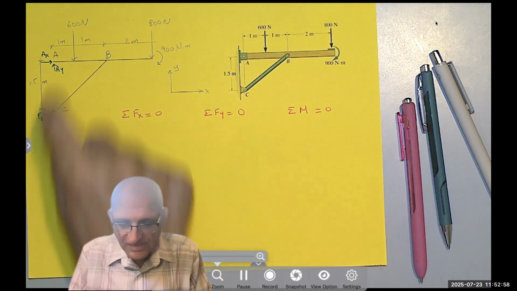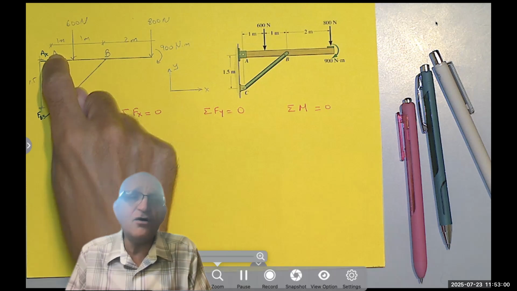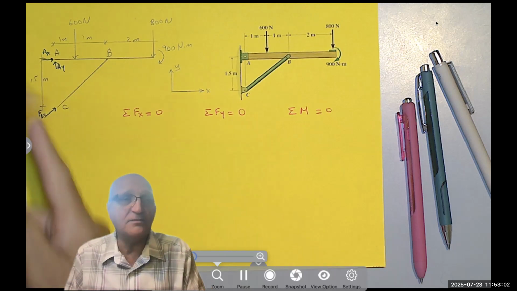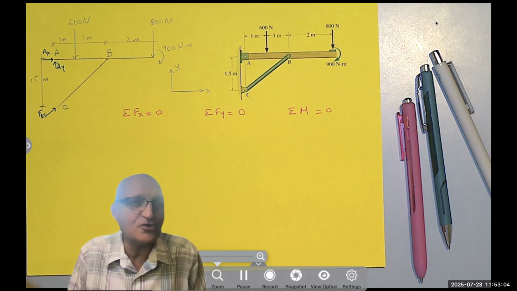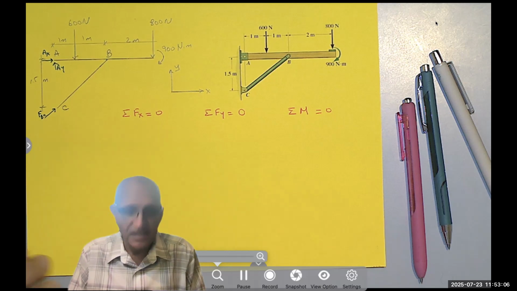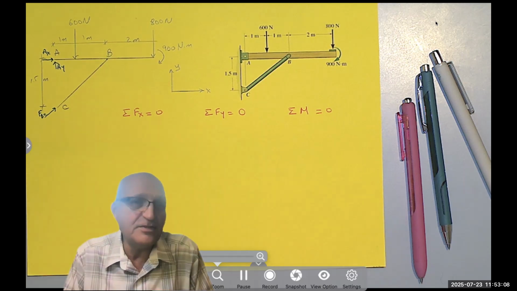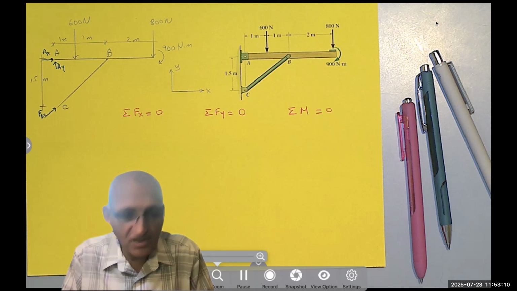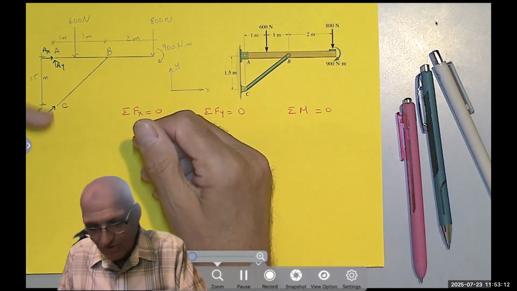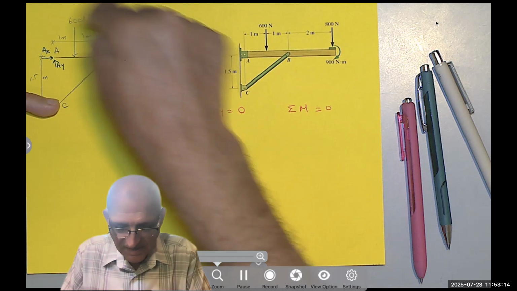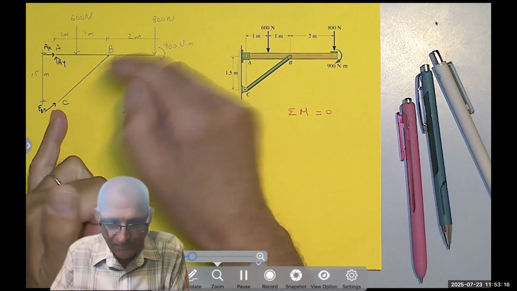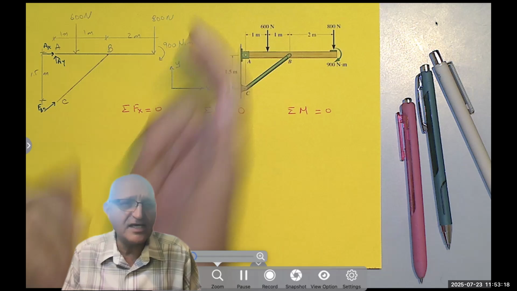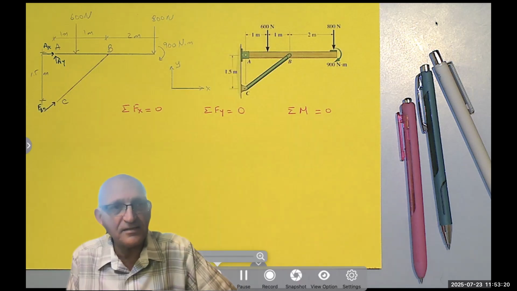If you say point A, yeah, of course, because Ax and Ay meet at A, so they don't produce rotation about A, and I can find FBC because FBC has a horizontal component that is rotating counterclockwise and a vertical component that doesn't produce moment. So I can find FBC very easily.